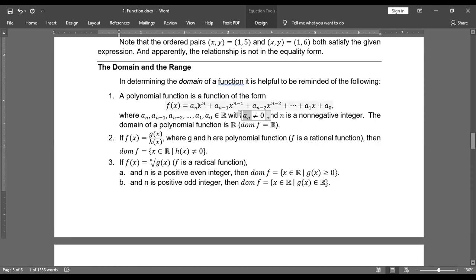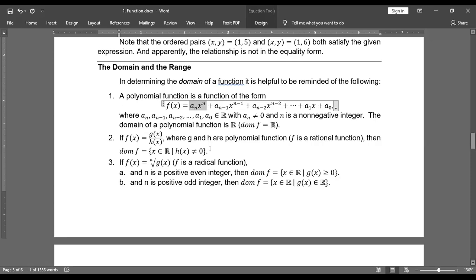Otherwise, mawawala yung first term ng ating function. And n is a non-negative integer. Non-negative means the exponent must not be a negative integer. So otherwise, we'll be applying laws of exponent which is the inverse of a certain number.